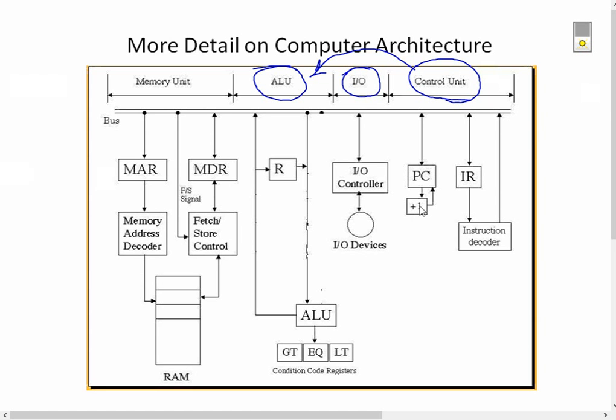So we have a clock, and the clock will trigger the program counter, and the program counter goes out and fetches instructions in sequence. What it does with them, and where it gets them from, are things we want to look at.